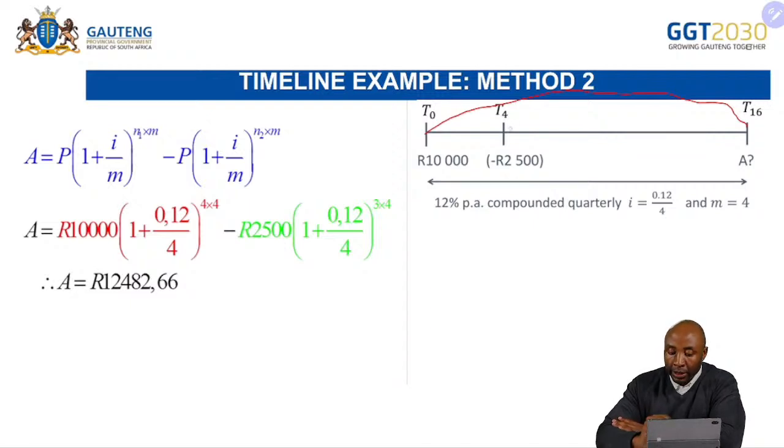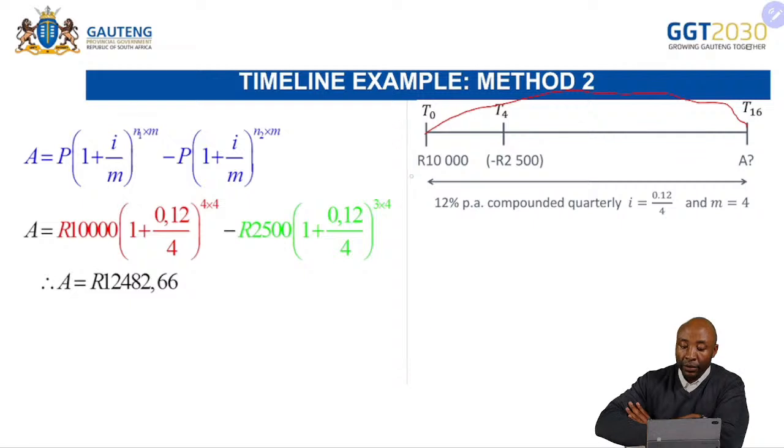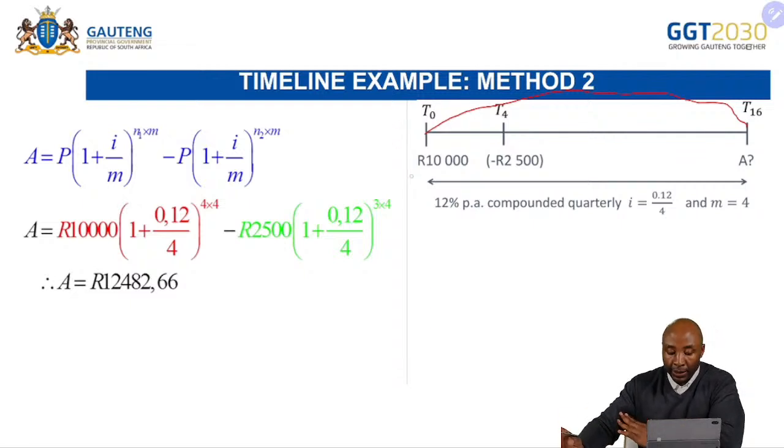So, as you can see, the 10,000 that we invest at T0 will be in the account for the duration of the whole 4 years, and it will accumulate interest for the 4 full years, and it will be awarded interest 16 times because of this 4 times 4. So our N times M for that one will be equal to 16.